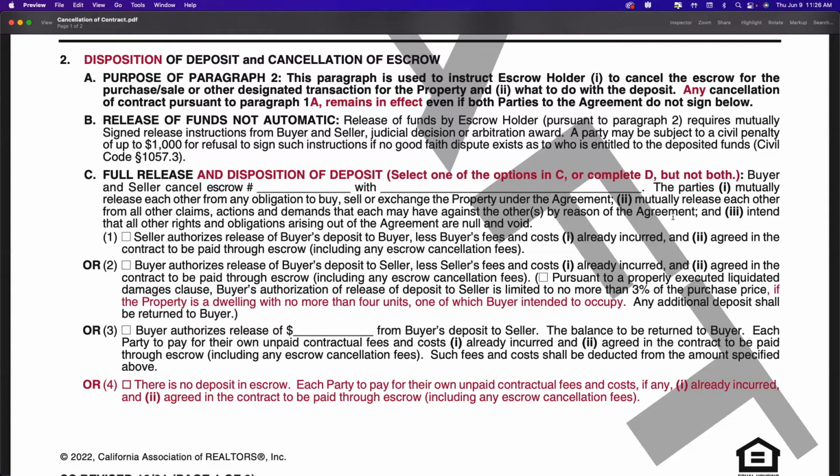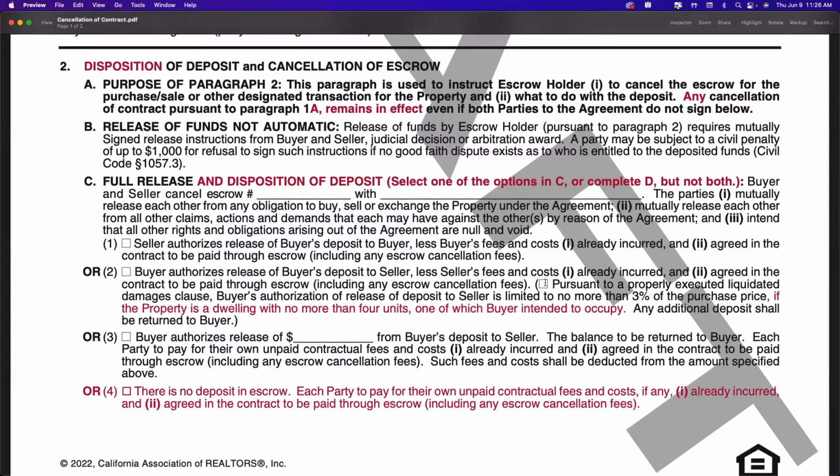If the property is a dwelling with no more than 4 units, one of which buyer intends to occupy, any additional deposit shall be returned to buyer. So what it's saying there is it's kind of breaking it down, and you're going to want to check this off. If you're ever releasing your deposit as a buyer to the seller, you're going to want to check off this box, because we all initial the liquidated damages clause in the RPA.